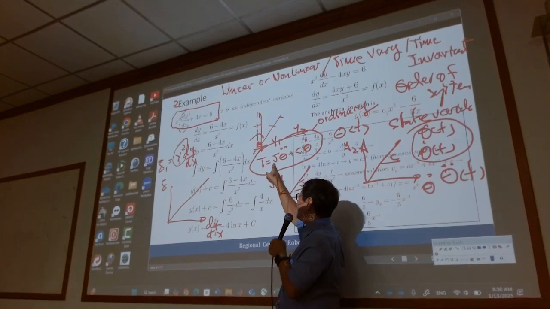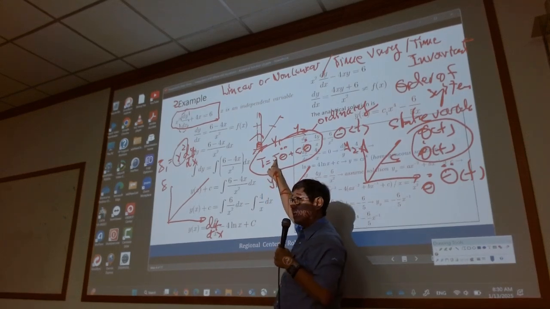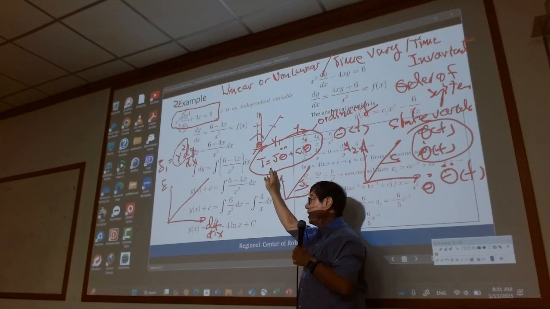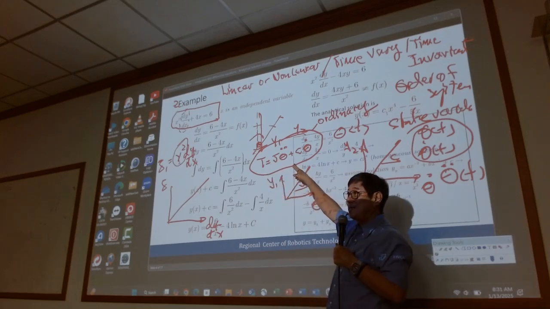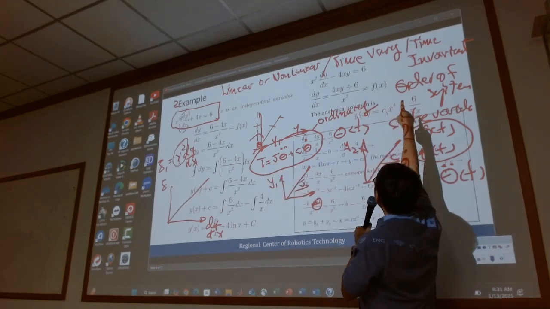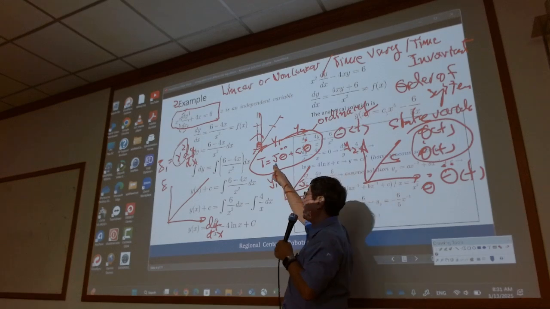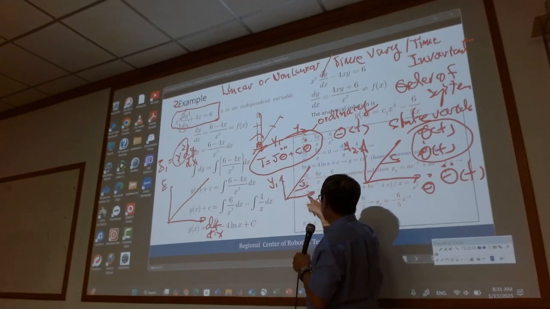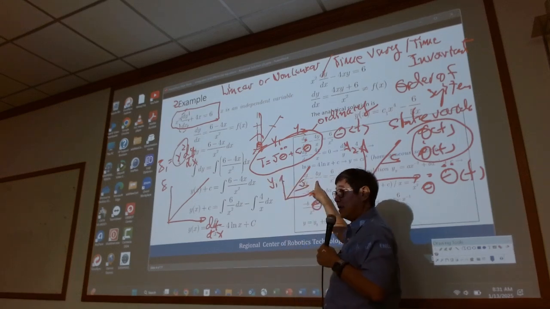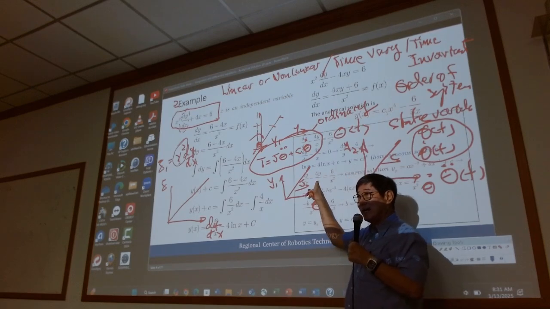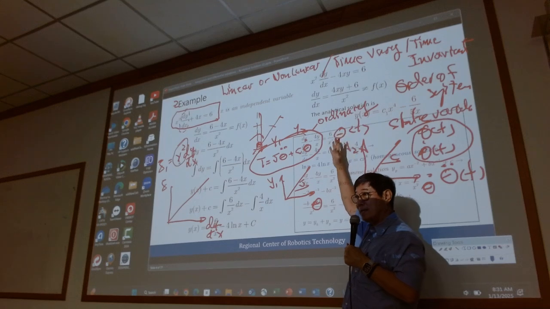But if j is a function of t, this one we call time varying.